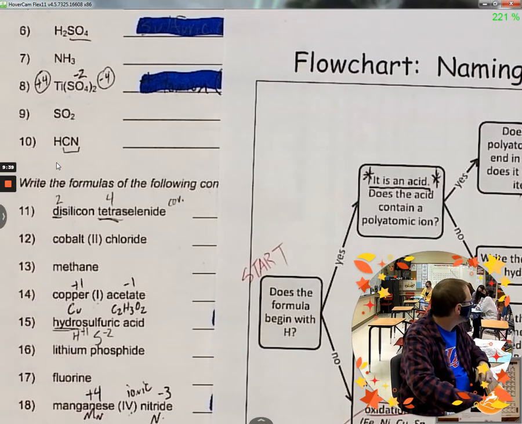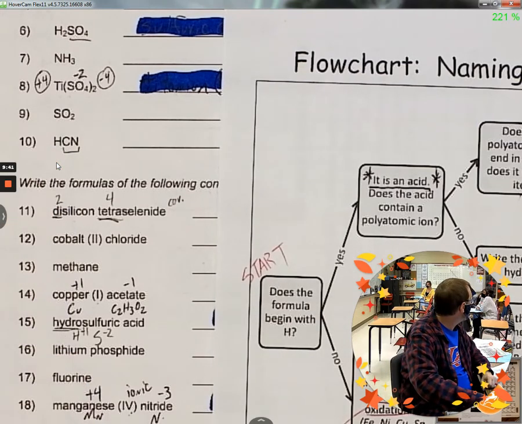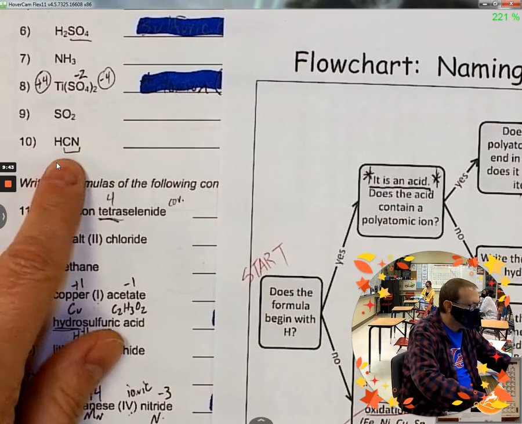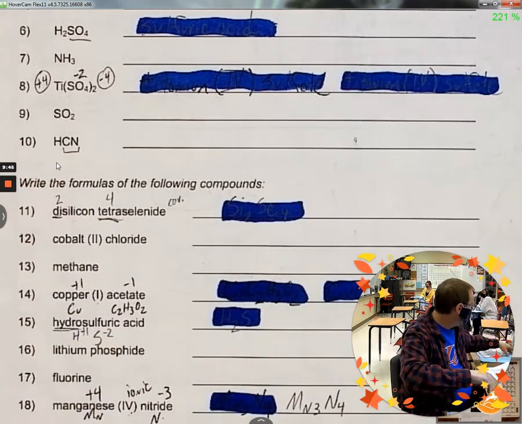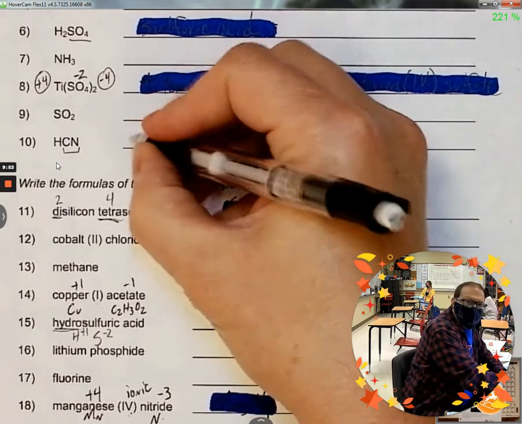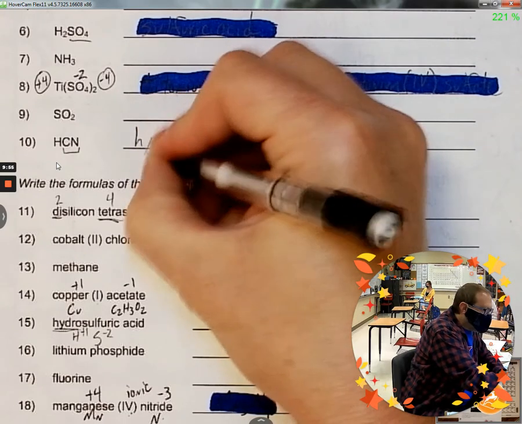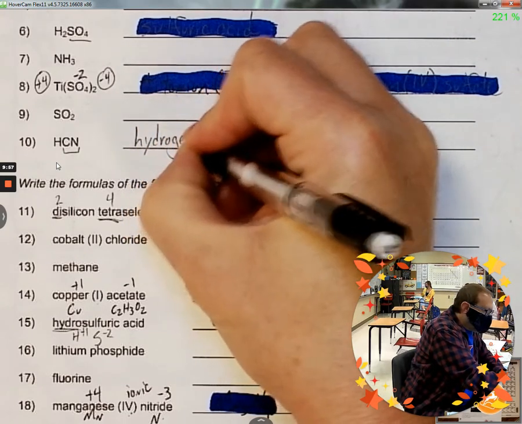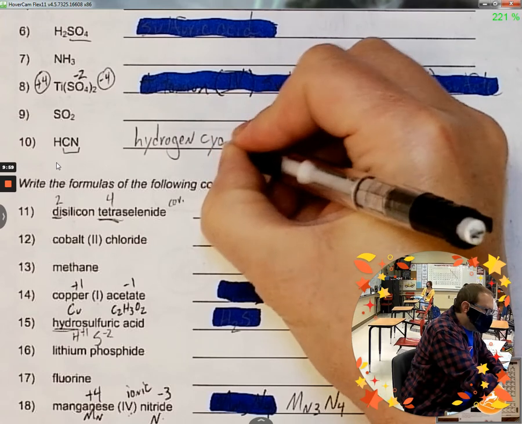We don't have to say hydrogen 1 because hydrogen can only ever be 1. But we do need to find what the CN ion is called. It's over on the right-hand side in column 1. It's called cyanide, correct? So we might just call this whole thing hydrogen cyanide.